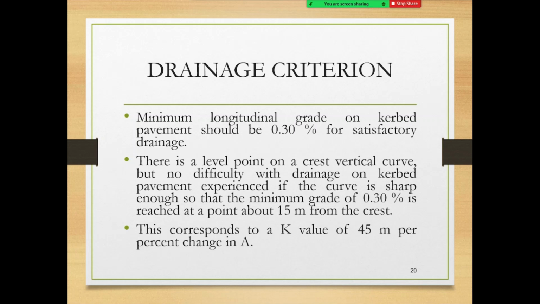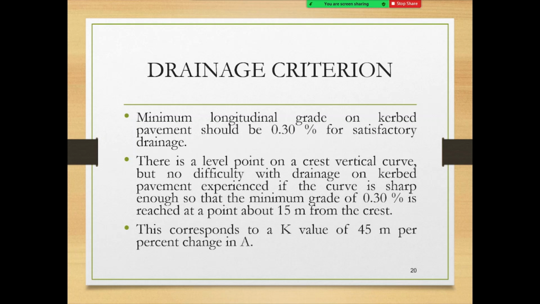Then there is a level point on a crest vertical curve. Do you understand that? Because if it is a summit curve, then there is a level point on top of that. But no difficulty with drainage on curved pavement is experienced if the curve is sharp enough so that the minimum grade of 0.3% is reached at a point about 15 meters from the crest.